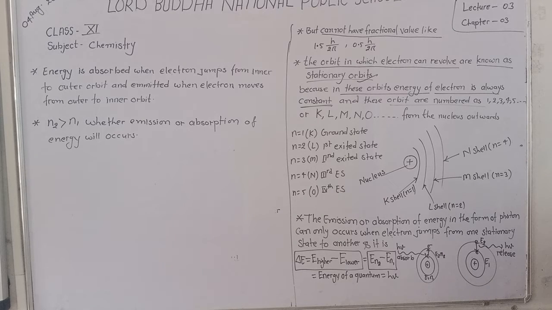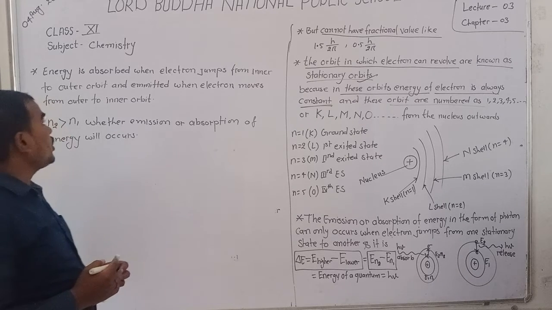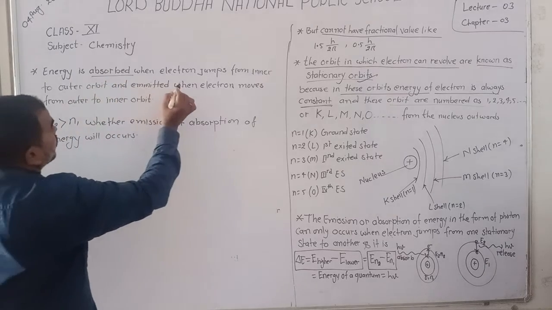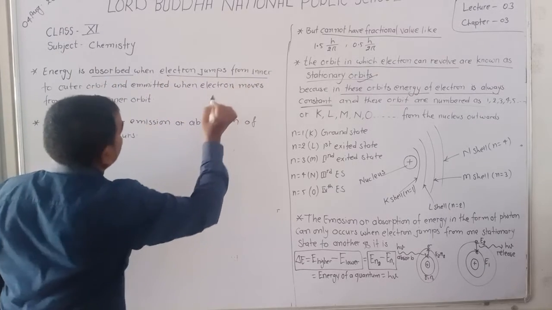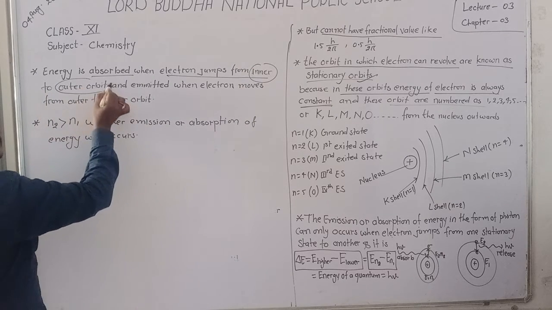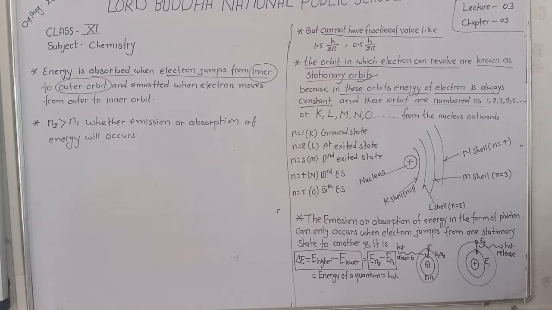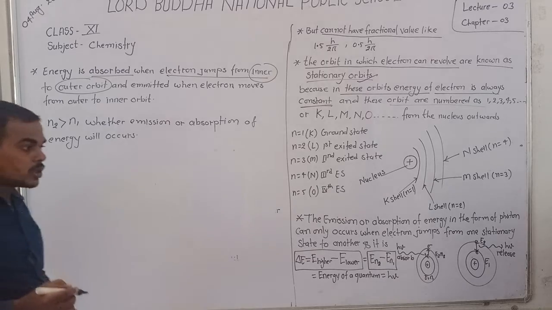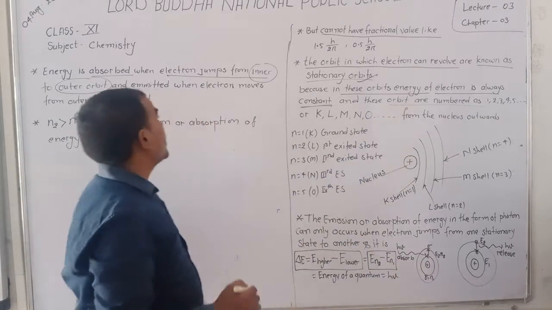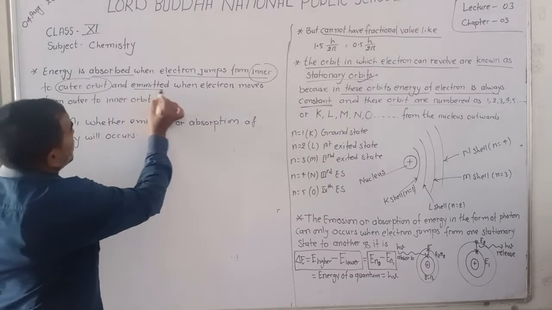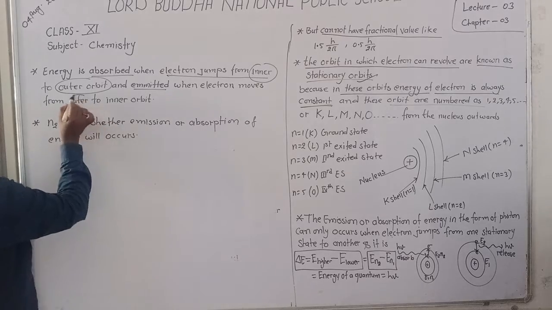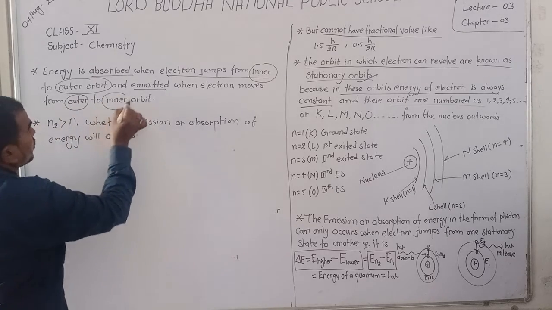Dear student, the next postulate: energy is absorbed when an electron jumps from inner to outer orbit, but energy is emitted when an electron moves from outer to inner orbit.